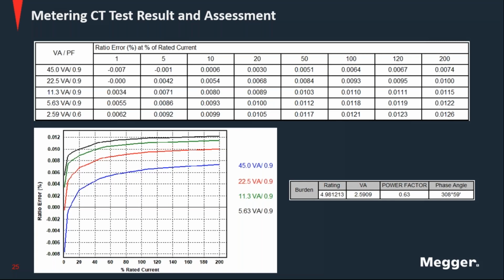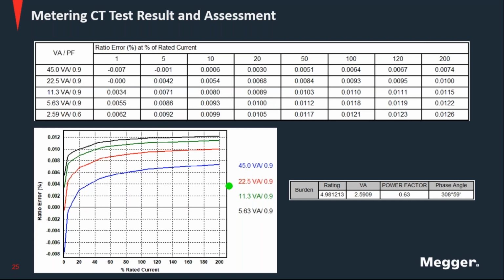So the purpose is, as we saw from one of the graphics before, the idea is that the rating or the class or the performance of the instrument transformer remains constant, remains linear or identical throughout a range. And that's what we can see with the table, or the graphical representation of this table in these curves here.